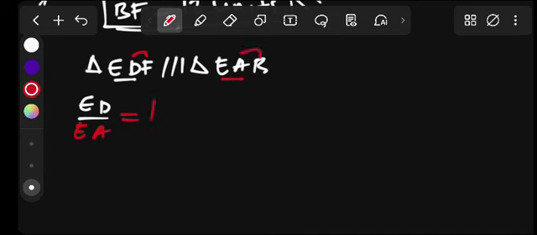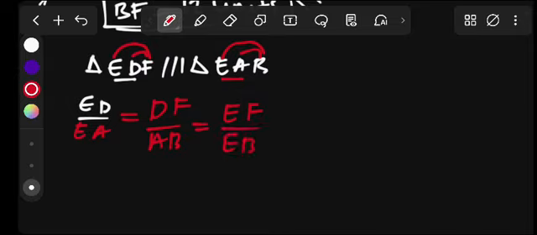must be equal to DF over AB, must be equal to the one in the last, EF over EB. The reason is similar triangles.